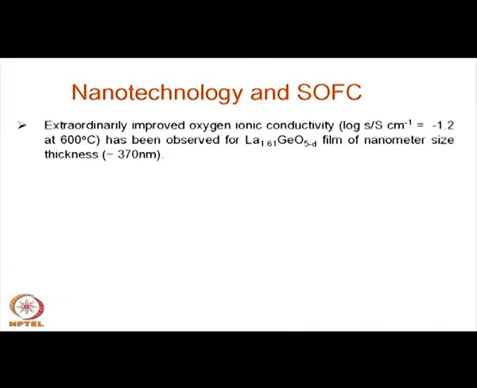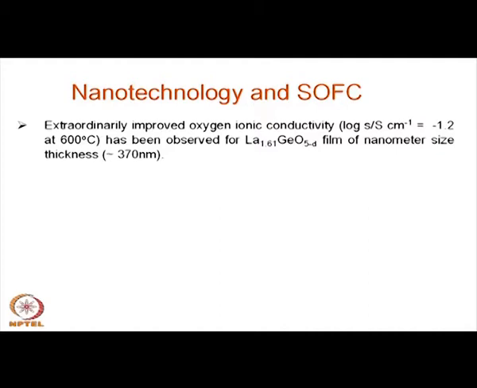Here I will just give you some statements, some information, to share that the concept of nanotechnology can be very well utilized for the development of SOFC or the improvement of the performance of the SOFC.